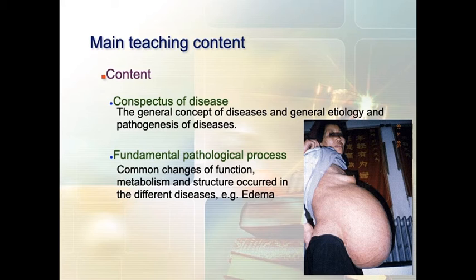This is another type of edema maybe you are not familiar with. This one is an excessive fluid building up in the abdominal cavity. What's the name of this? Ascites. And we can see this symptom from patients with cirrhosis.